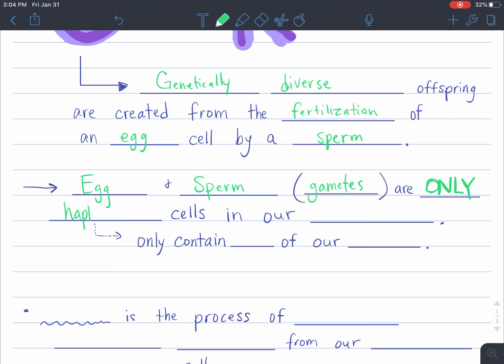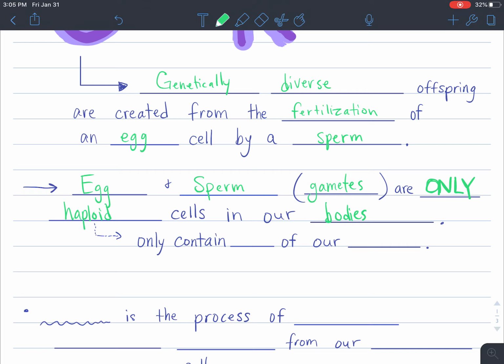haploid cells in our bodies. We have a lot of cells in our bodies, but the only ones that are haploid are eggs and sperm. In the biological male body, the only haploid cells are sperm. And in the biological female body, the only haploid cells are those egg cells.